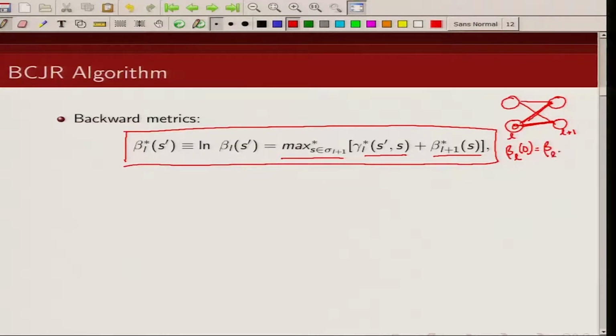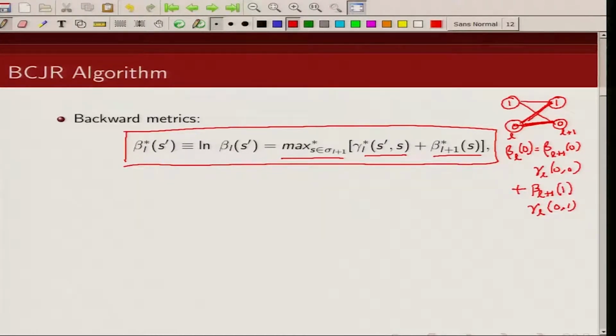Beta L plus 1 0 times branch metric of this, which is gamma L 0 0, plus beta L plus 1, this is state 0, this is state 1, beta L 1 times gamma L 0 1.